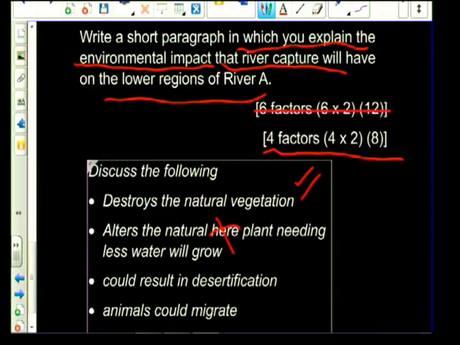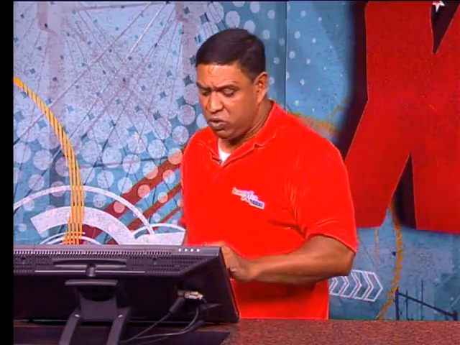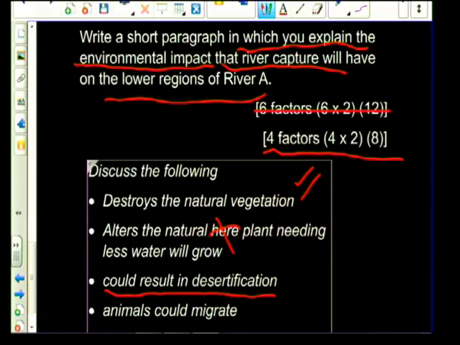You understand? It alters it. Now, if there's less rainfall, the plants will change to a type of vegetation that needs less water. Could result in desertification. Again, you'll have to explain it in full, guys. This is a marking memo for the markers because the water tables drop. You understand, less water available, therefore vegetation could die, resulting in desertification.